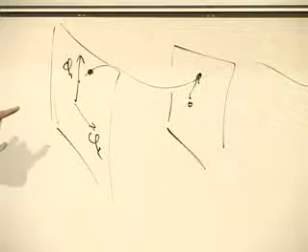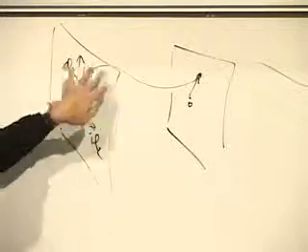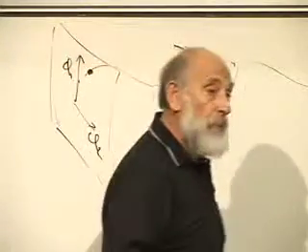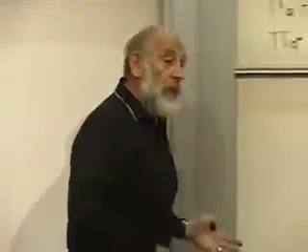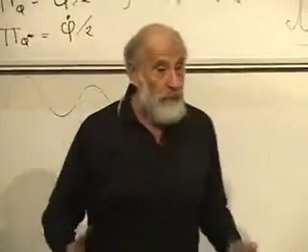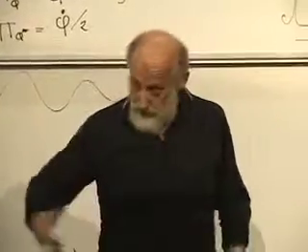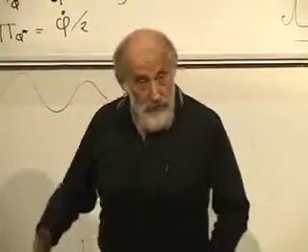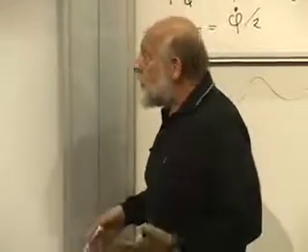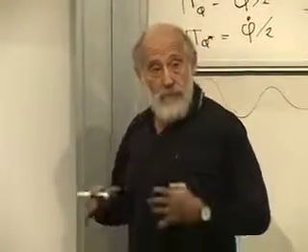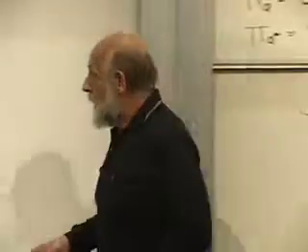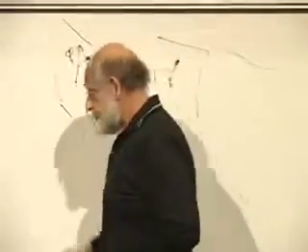So if we had a string which was free to move in two directions, x and y, we could describe it either by two real fields, one describing the x position along the string, the other describing the y position, or by a single complex field, a point on the complex plane.